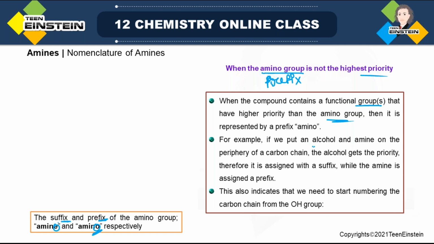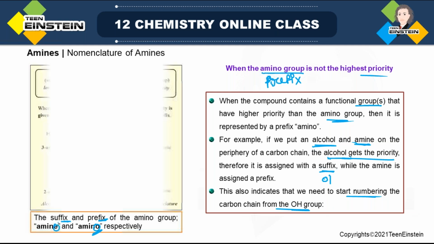So for example, suppose we have an OH group and an NH2 group both present in the carbon chain, and alcohol has higher priority. So now alcohol will be the suffix, and when alcohol is the suffix, we use the term ol, and amine will be the prefix amino. This also indicates we need to start numbering the carbon chain where the OH group is given priority.